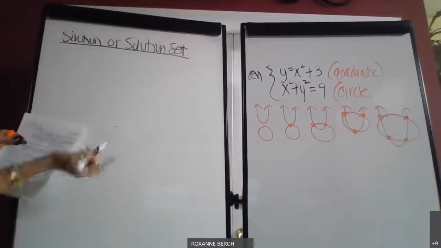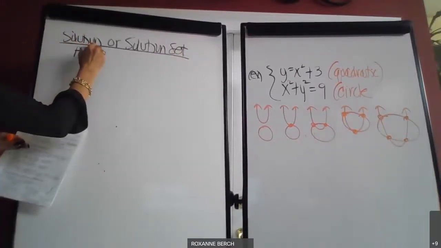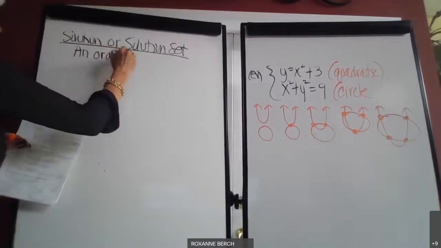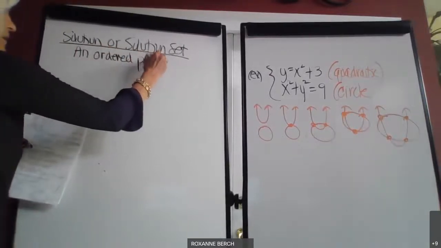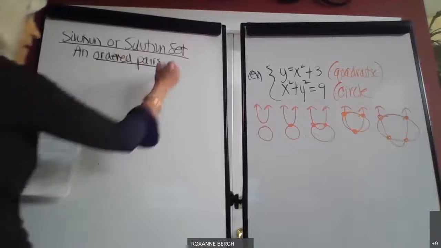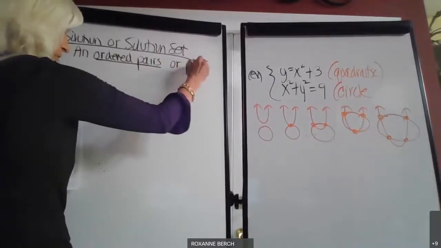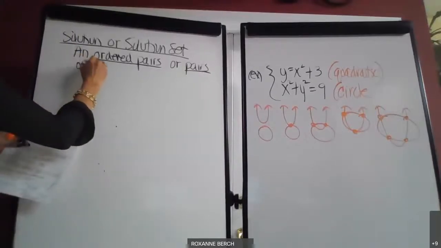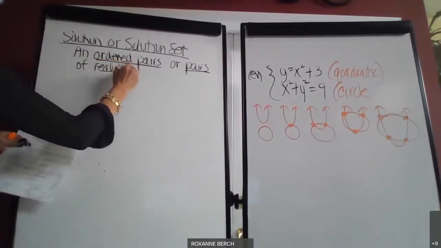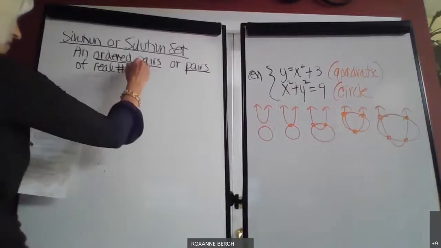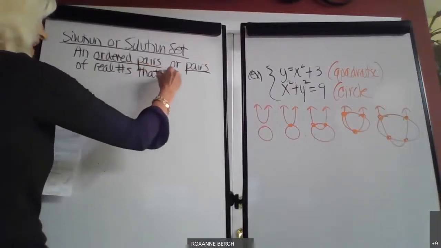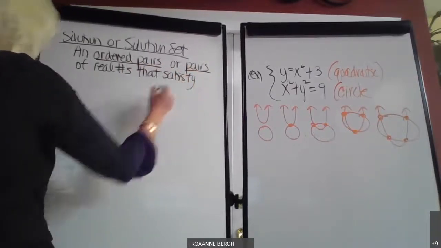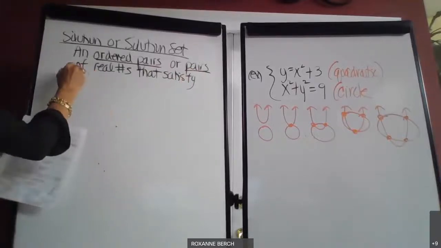And what these are is an ordered pair or pairs of ordered pairs of real numbers that satisfy both equations in the system.